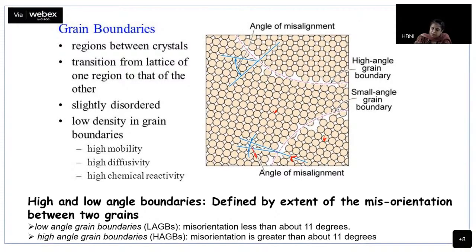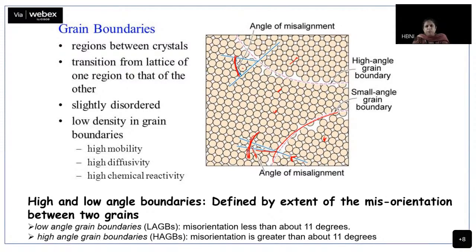The angle between these two decides it. Similarly, the angle between this crystallite and this crystallite is given by this angle. Now this angle is smaller than this one. So this grain boundary is called the low angle grain boundary, and this grain boundary is called a high angle grain boundary.